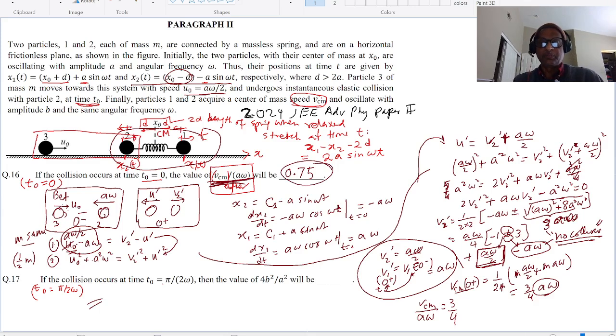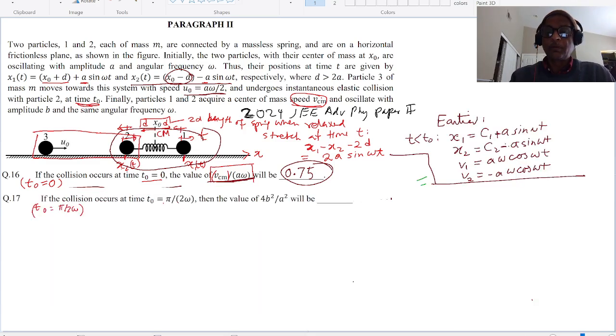Okay, so I'm going to pause and erase and do the problem 17. So this problem is about finding out what happens to this ratio when time is this. The B is what happens after collision.